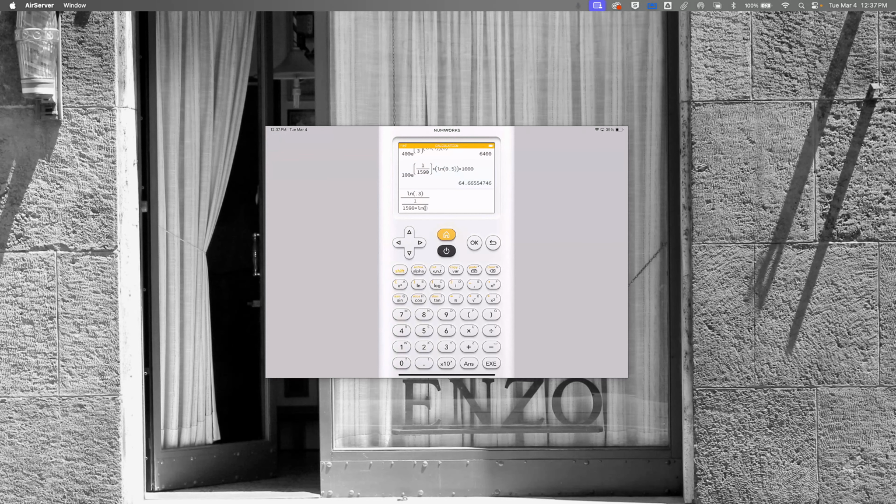The calculator keeps doing what I don't want it to do.